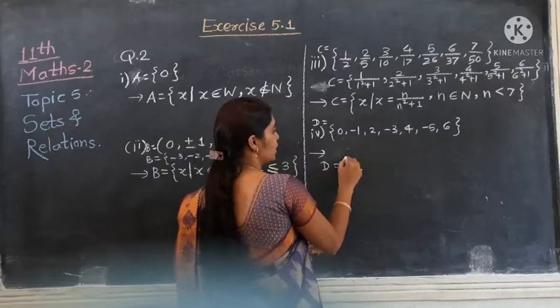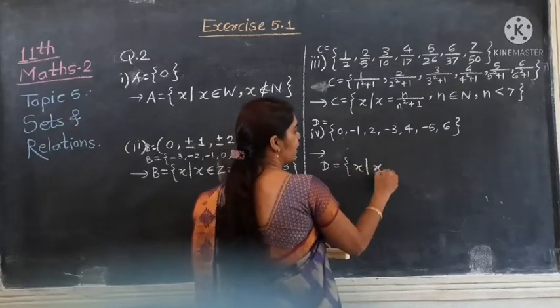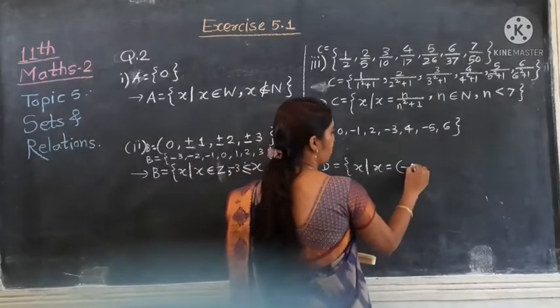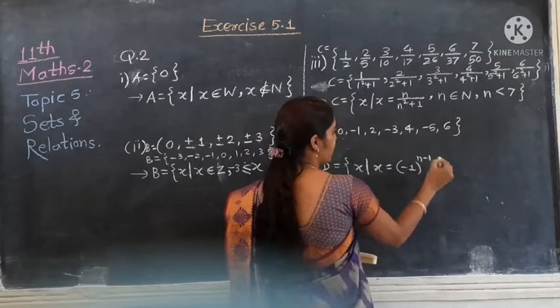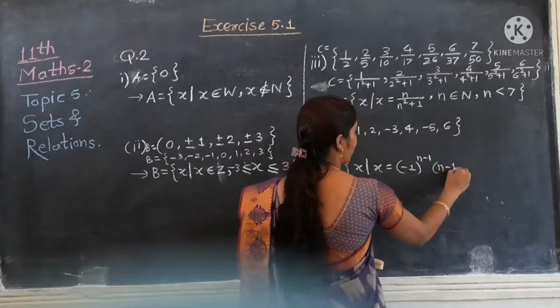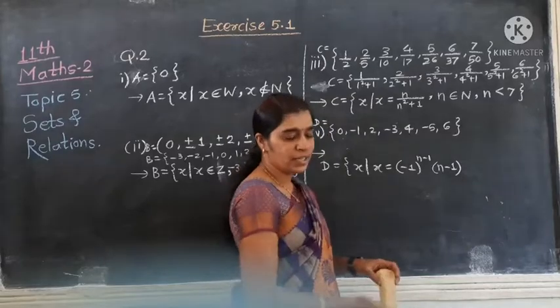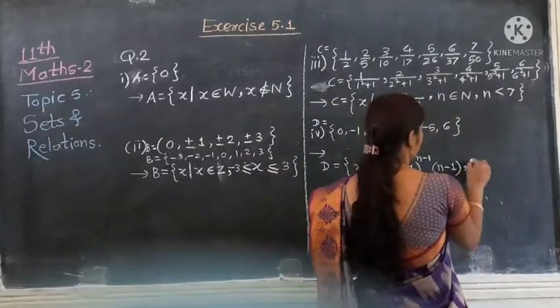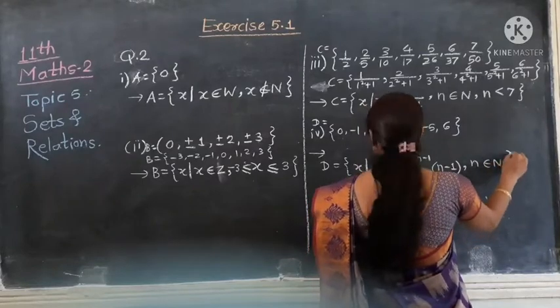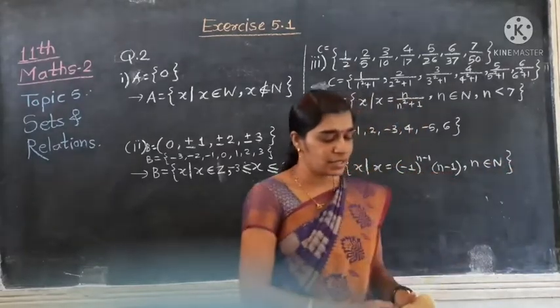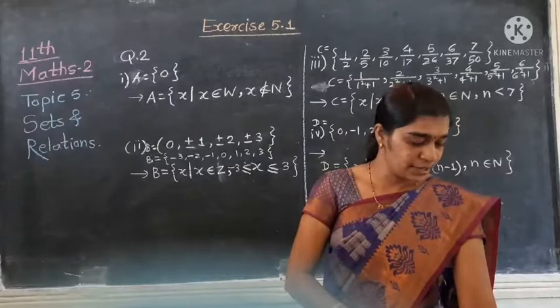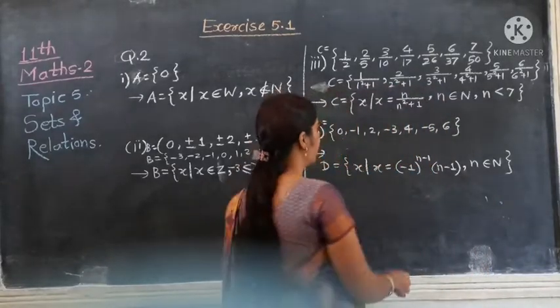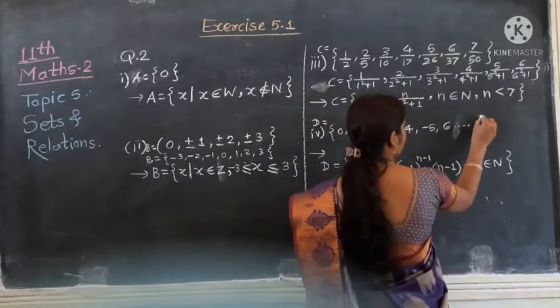B is equal to the set of all x such that x is equal to minus 1 raised to n minus 1 into n minus 1. Here this condition becomes for all n belonging to the set of natural numbers. And here one more condition is given.